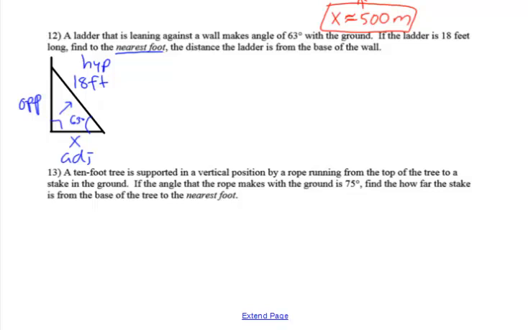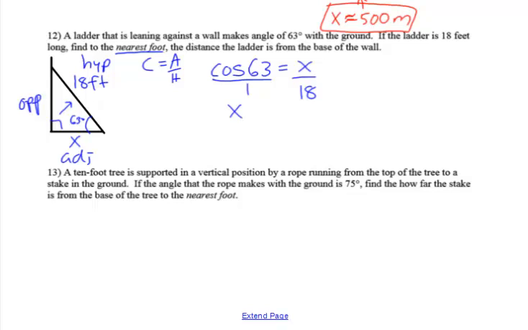All right, we're looking for the adjacent, and we know the hypotenuse. That's going to be the cosine. Cat and hollered. So the cosine of 63 equals the adjacent side, what we're looking for, over the hypotenuse, which we know is 18. Hey, we like these. These are the simple ones.